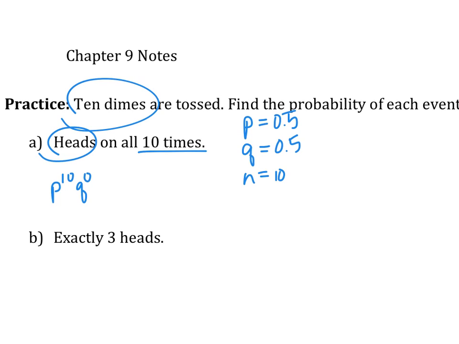That means no room for tails. And remember, you need to also multiply by 10 choose 10 or 10 choose 0, either way. The answer is going to be, oh, that's a very small number, 0.000977.